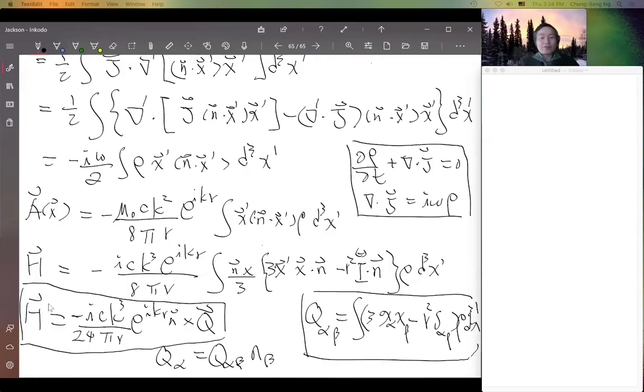Okay, so once you have H, you can calculate E, and we have done that before, because in the electric dipole case the electric field is proportional to n cross p. And once we have the electric field, we can calculate the Poynting vector, and then the radiation power per solid angle, what we call the differential power.